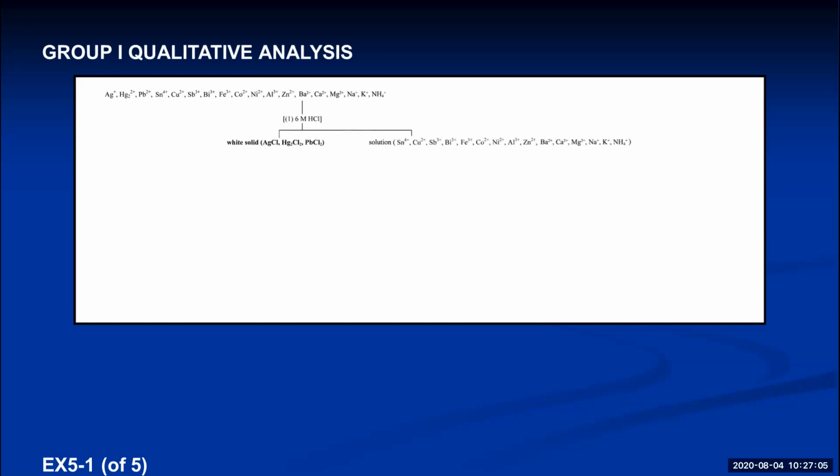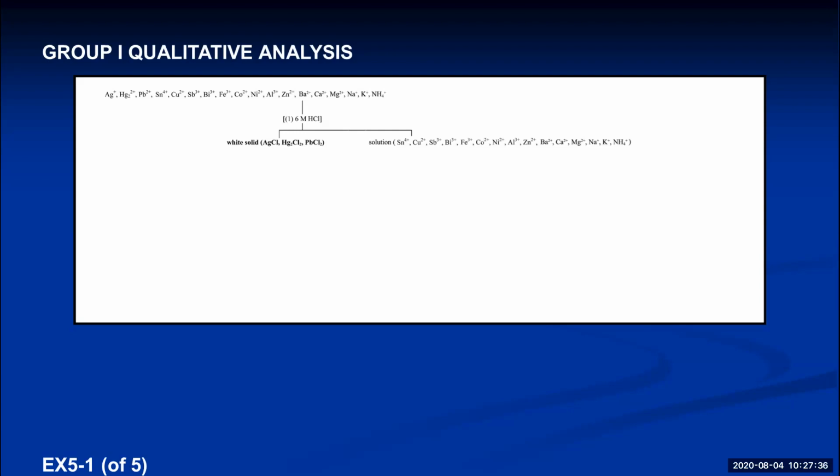So if we try to graphically represent what we're doing in a qualitative analysis scheme, we draw a flow chart. And I have the flow chart started here. At the very top are all the possible cations that may be in our unknown sample. What's our first step? Our first step is to add 6 molar hydrochloric acid. Now, if the hydrochloric acid or whatever reagent we're using causes some cations to precipitate out, I'm going to draw a bracket. And on the left side of the bracket, I'm going to tell what would precipitate.